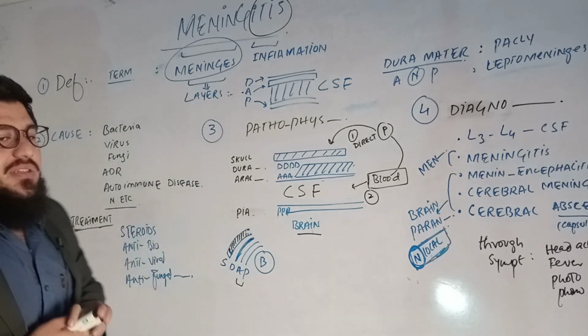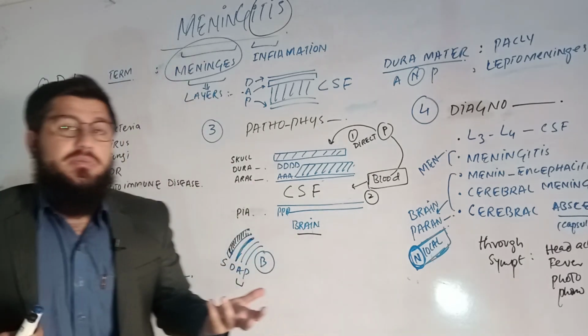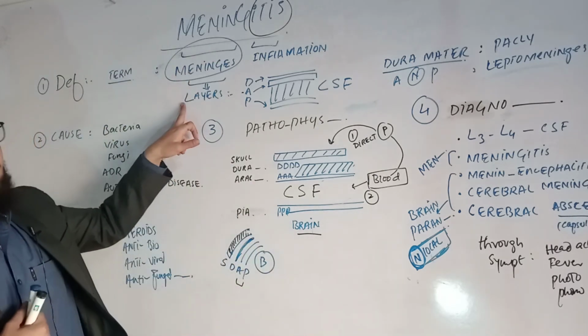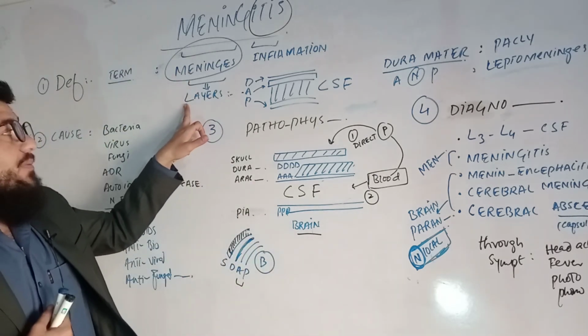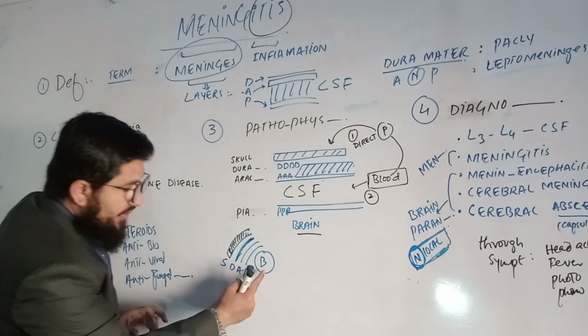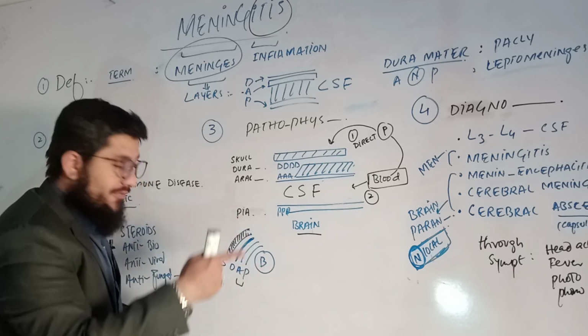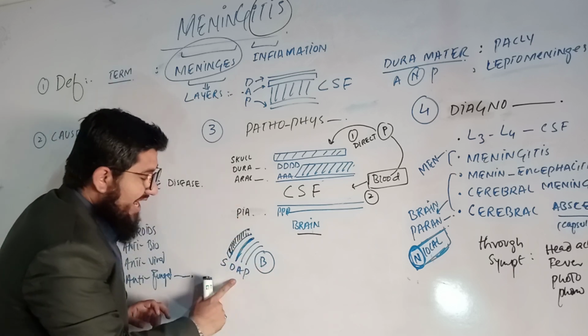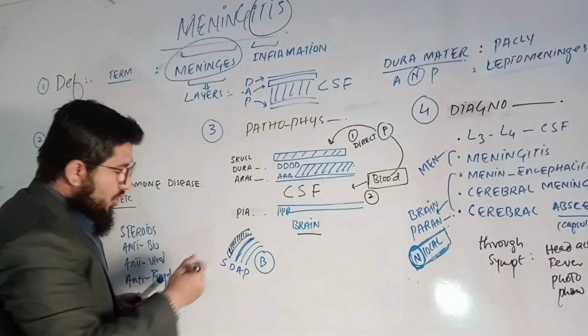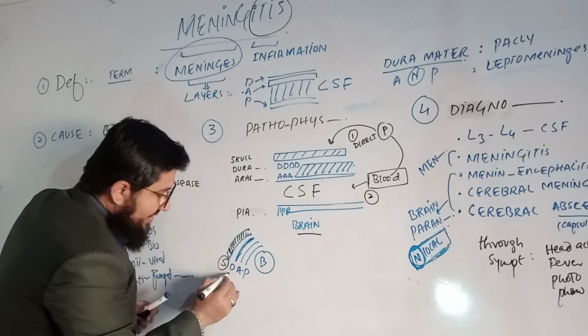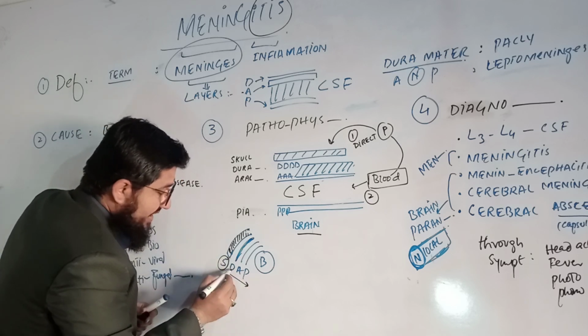Now, a question arises: what is the term meninges? This term is for the layers that are protecting our brain. Here we have the brain. This brain is protected by three layers and one skull. Here goes the skull. Then we get three more layers, like DAP.